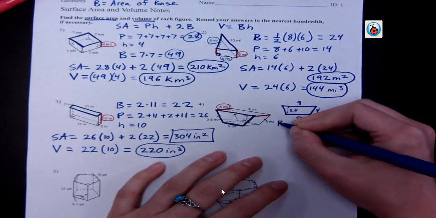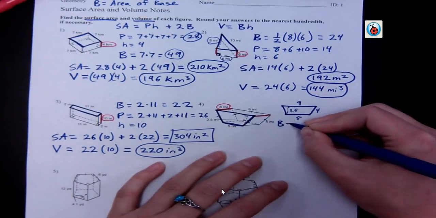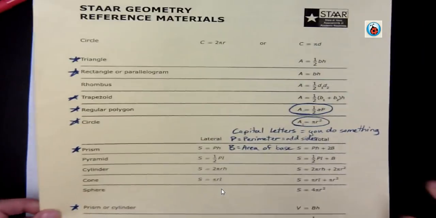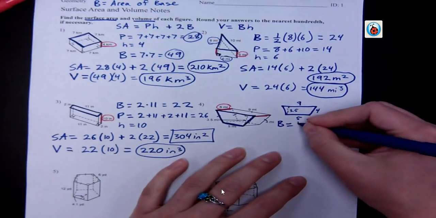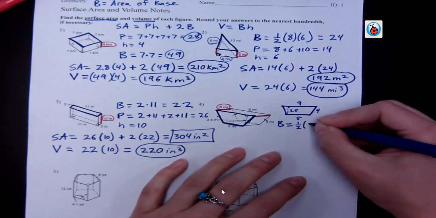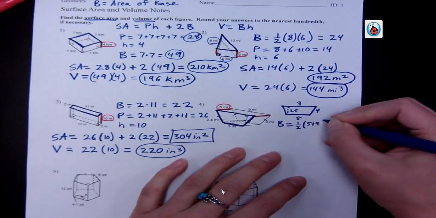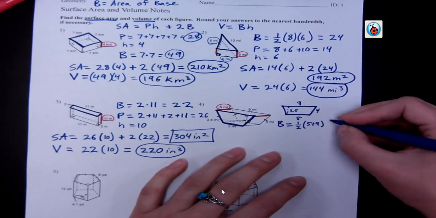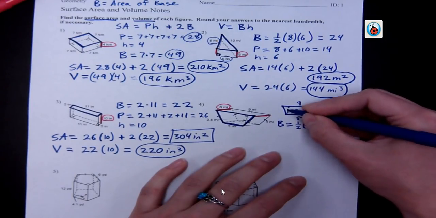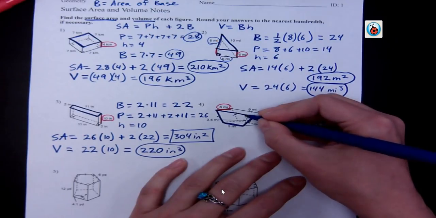So my area of the base for a trapezoid, remember I have to add up my base 1, base 2, my two parallel sides, divide them by 2, and then give the height. And so my area is 1/2 the 5 plus 9, which I know are my bases because they're parallel, times the vertical height, which is this 3.5.